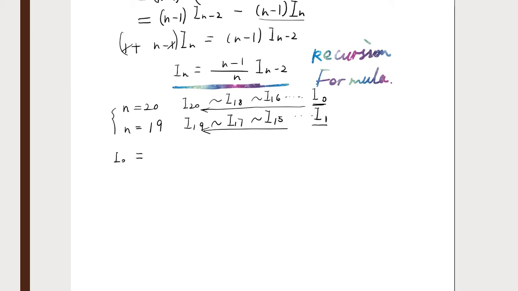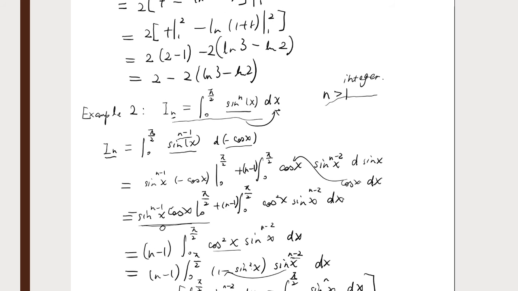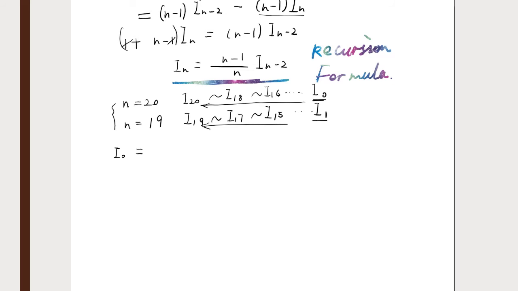Okay, let's try I0. From our original function expression, In equals the integration between 0 and half pi of the function sine x to the power of n. So let's use the condition n equals 0, sine 0x dx. This is what we mentioned at the very beginning of the solution.